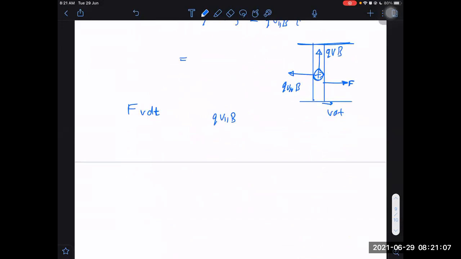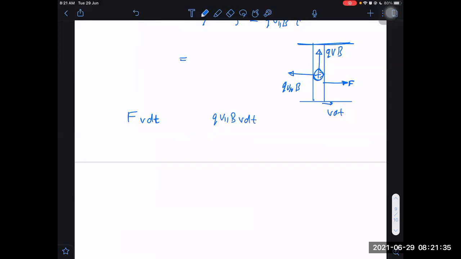Now, what is the work done by this external force? The external force is doing F into V into dt. What is the work done by the magnetic force? Q into V parallel B into V dt. This is force into V dt.